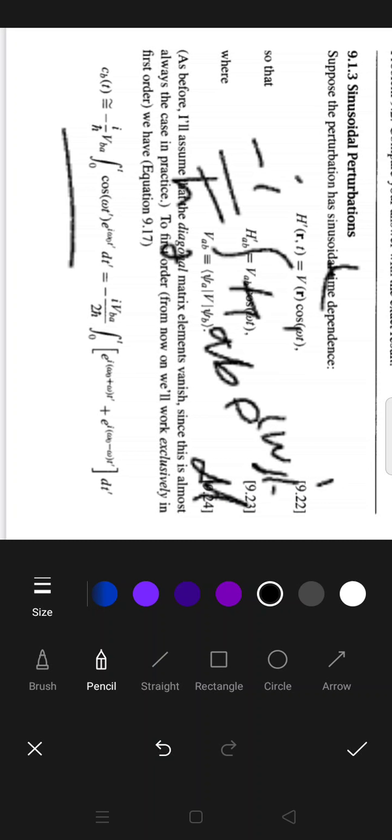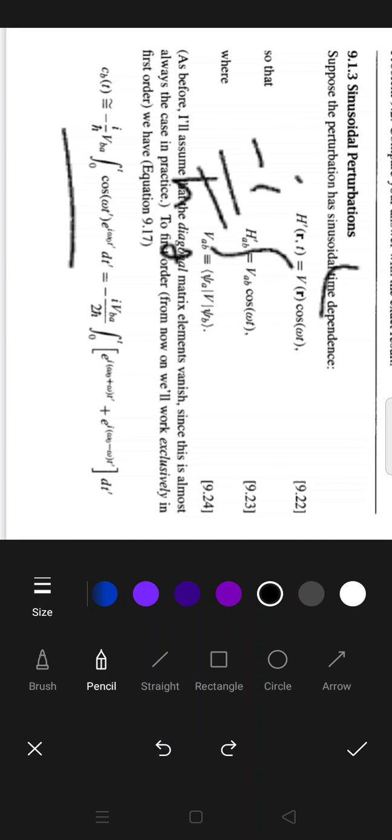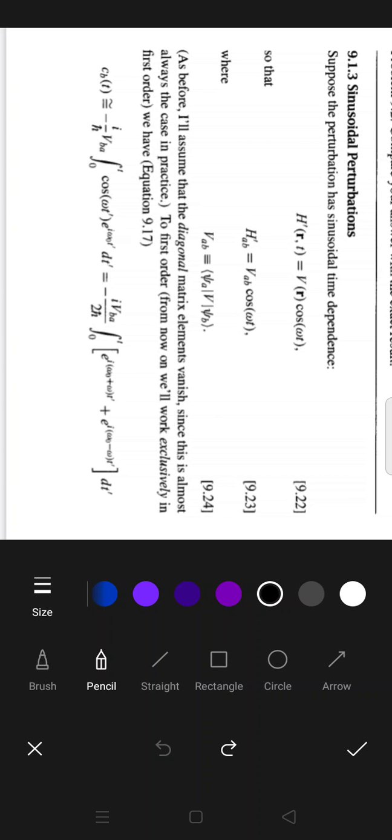This is what we obtained. Listen carefully.